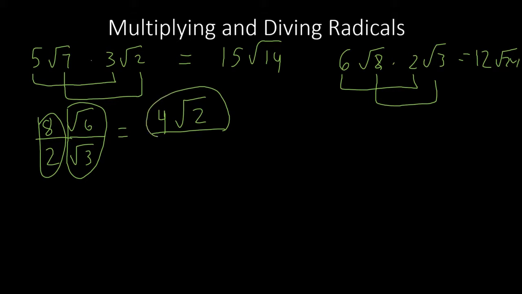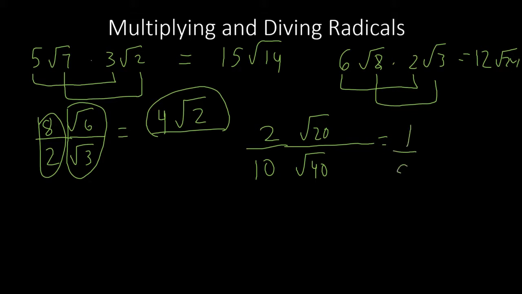Let's do one more example. Let's say we have 2 root 10 over 20 root 40. From here, they don't actually divide, but they can reduce. So 2 over 10 reduced would be 1 over 5. And then 20 and 40 can't divide, but they can reduce.